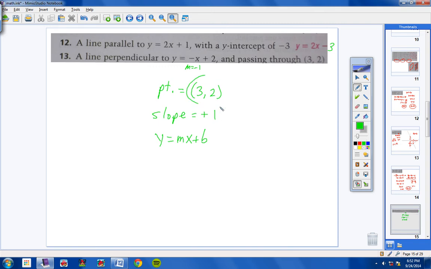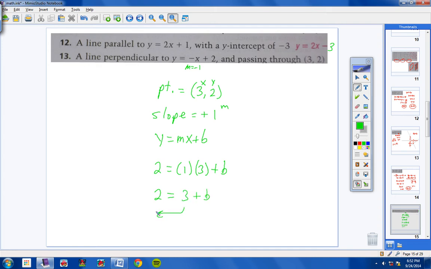So we have a point, we have the slope, and now we're ready to use this formula right here. Okay, so here we go. This is my x, this is my y, this is my m. So y is 2, m is 1, x is 3. 1 times 3 is 3.